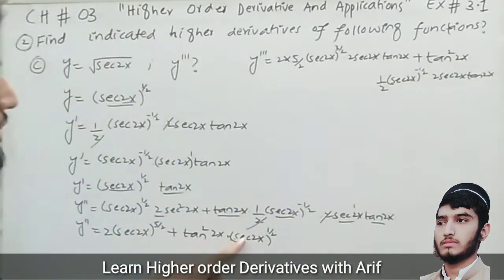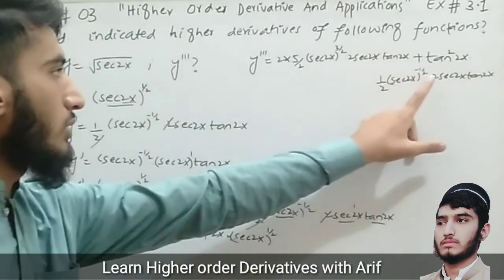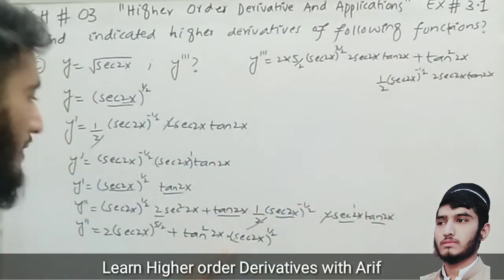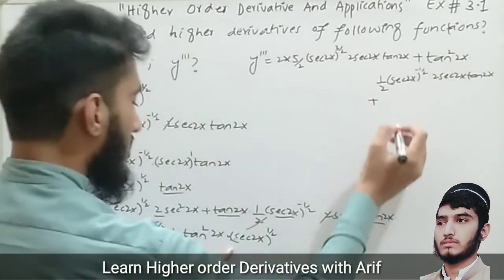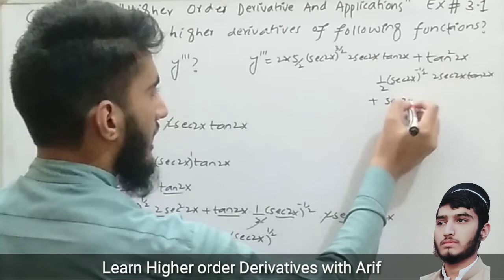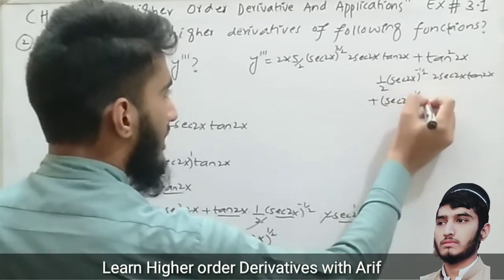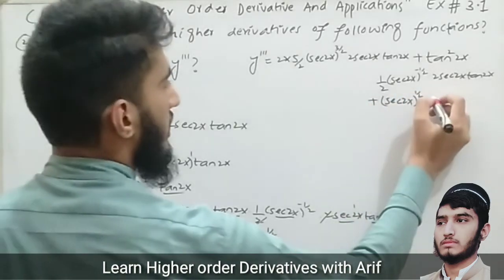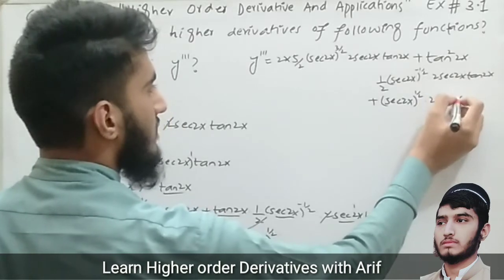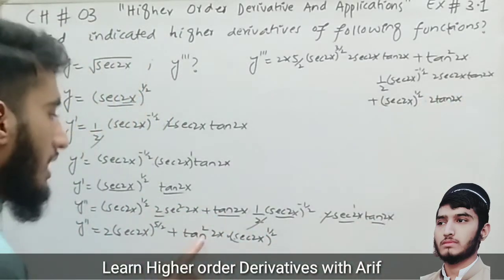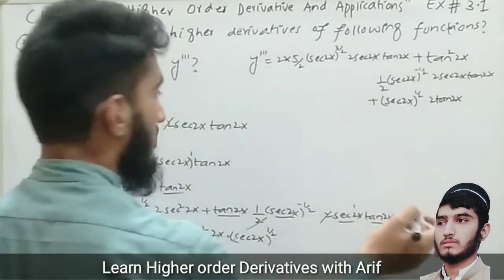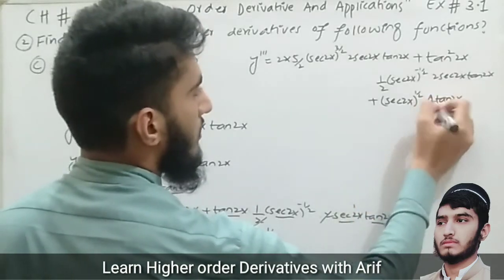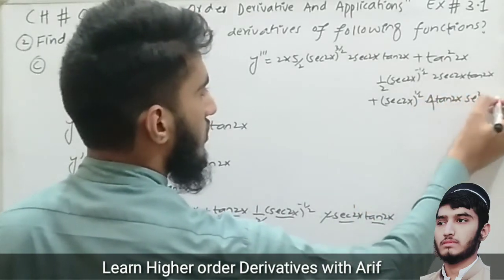So the first function derivative is 1 over 2 secant 2x power minus 1 over 2 times secant 2x tangent 2x, plus this function secant 2x power 1 over 2, and the derivative of this function will be 2 into tangent 2x according to the generalized power rule, and the tangent 2x derivative will be 2 secant square 2x. So it becomes 4 secant square 2x.